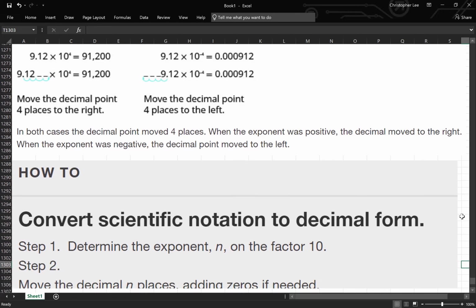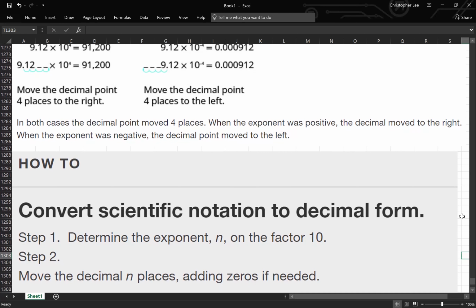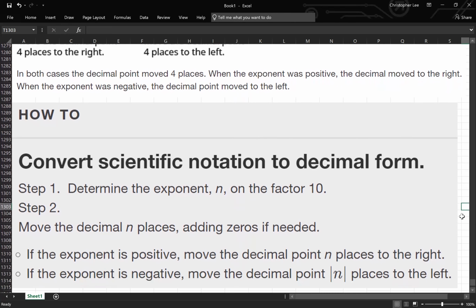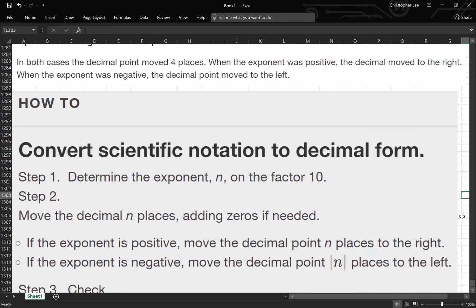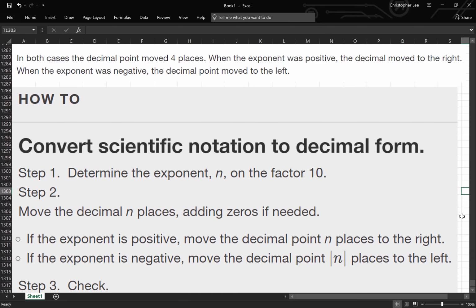Step 2, move the decimal n places, adding zeros if necessary. If the exponent is positive, move the decimal point n places to the right. If the exponent is negative, move the decimal point the absolute value of n places to the left. And then step 3 is just check your answer.